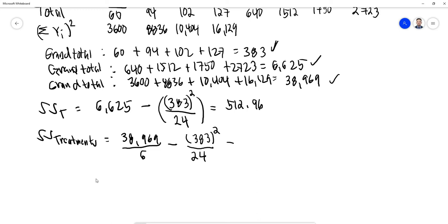We will compute this and we will get 382.79.